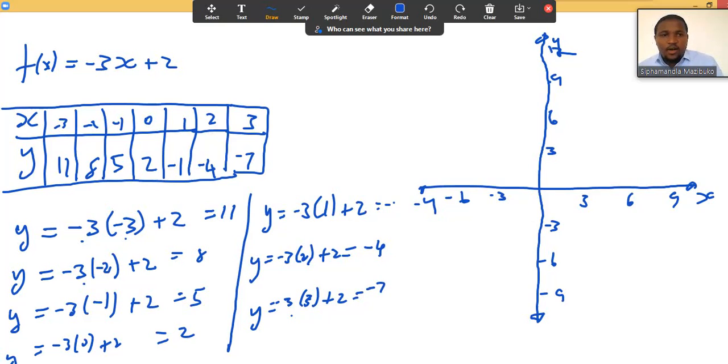Okay, so let's look at minus 3. Our X is minus 3 and our Y is 11. Minus 3 is here and 11 can be here.